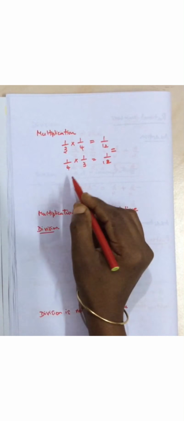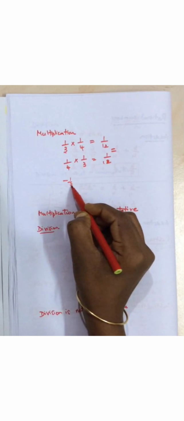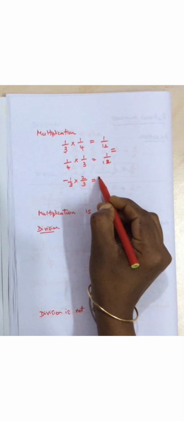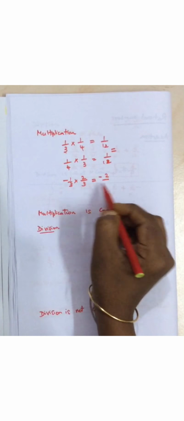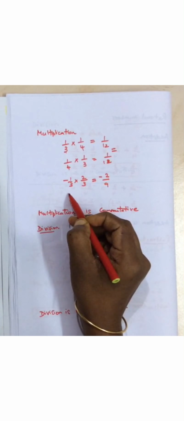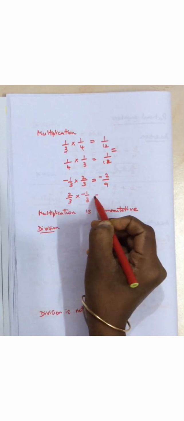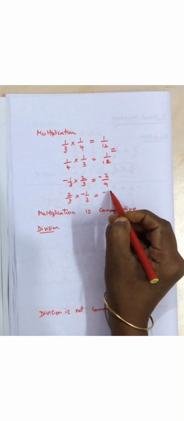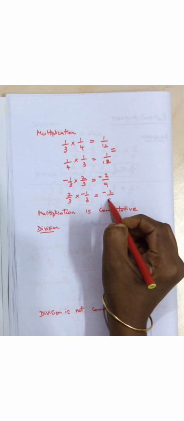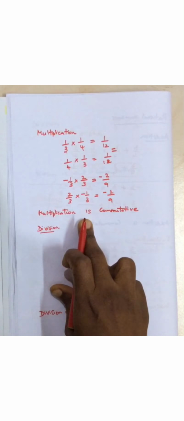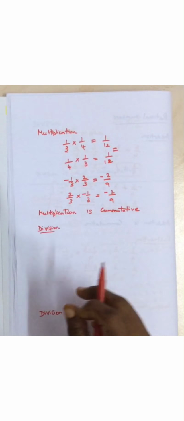We can check with negative numbers also. Minus 1 by 3 multiplied by 2 by 3 will give plus into minus, minus 2 by 9. Just to interchange, 2 by 3 multiplied by minus 1 by 3. Here also plus into minus, minus 2 ones are 2, divided by 9. So it is satisfied for all the cases. So multiplication is commutative for rational numbers.